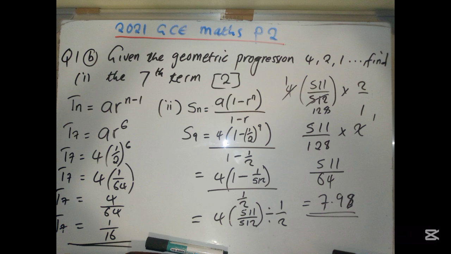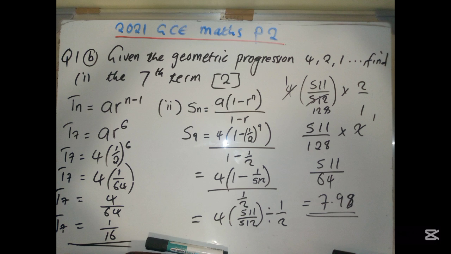When we change the division sign to multiplication, we have 511/512 times 2, then the 4 outside the bracket. So we can reduce 4 into 4, 1. 4 into 512, we have 128, as you can see. Then we can also reduce 128 by dividing by 2. 2 into 2 is 1, and 2 into 128 is 64.